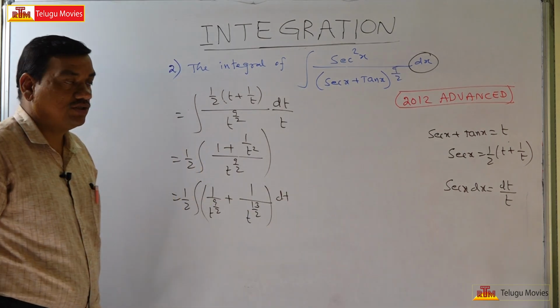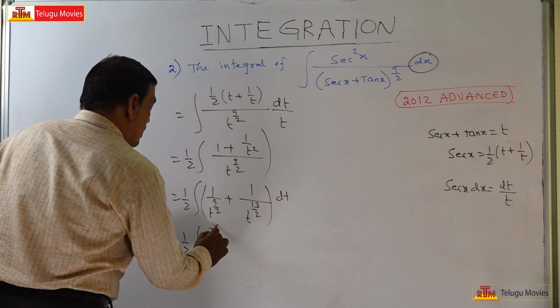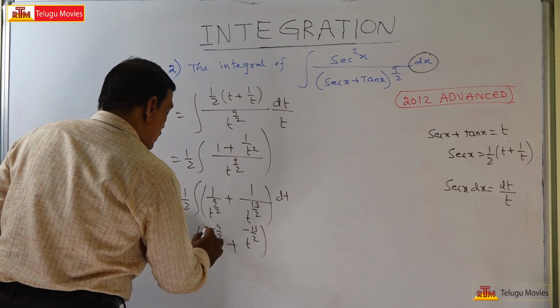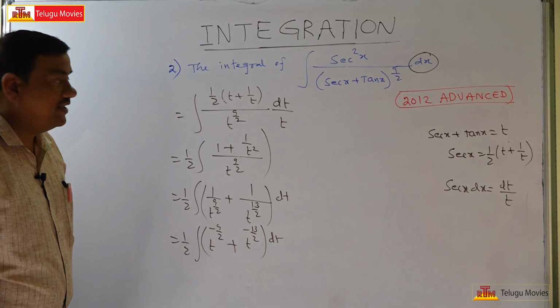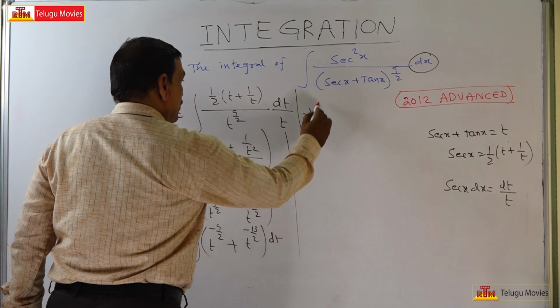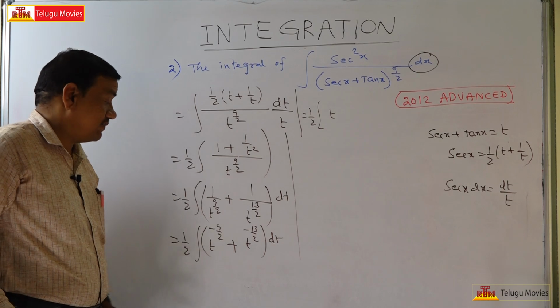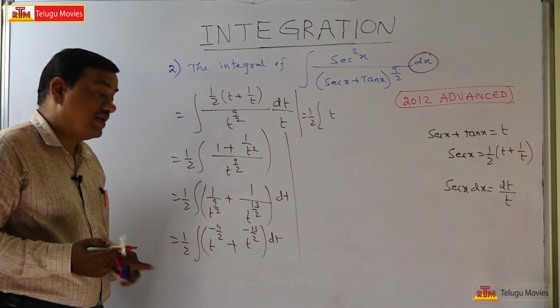So this is equal to 1 by 2 integral of t to the power of minus 9 by 2 plus t to the power of minus 13 by 2 dt. Now we are finding the integration. So this is equal to 1 by 2 into t to the power of minus 9 by 2 plus 1, since the integral of x power n is x power n plus 1 upon n plus 1.